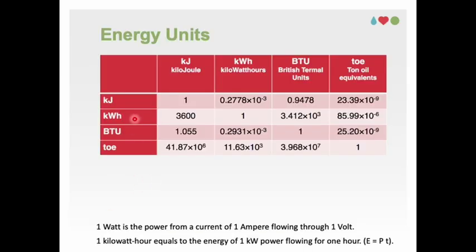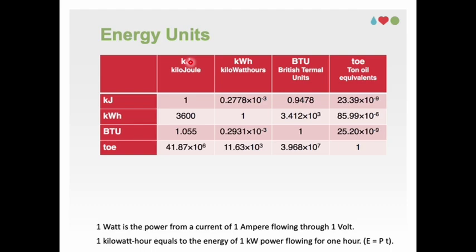In electricity, we often use the kilowatt-hour. 1 kilowatt-hour is equal to 3.6 megajoules, or 3,600 kilojoules.